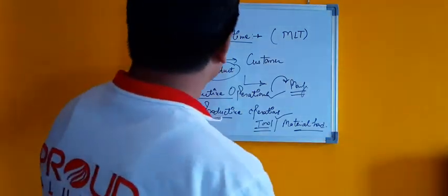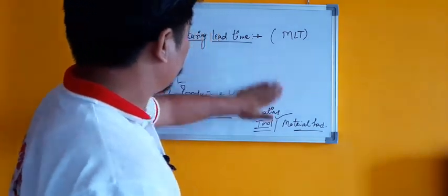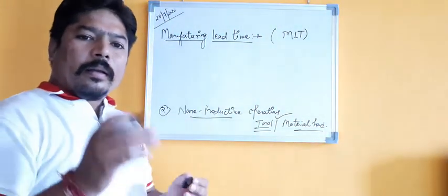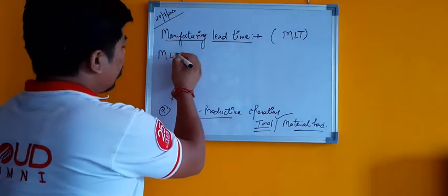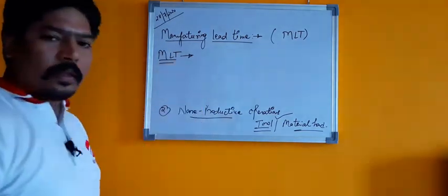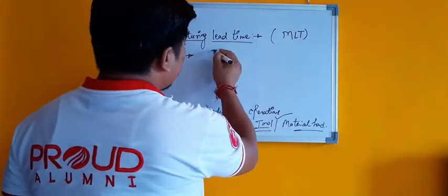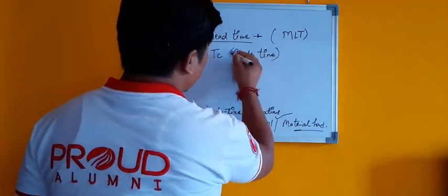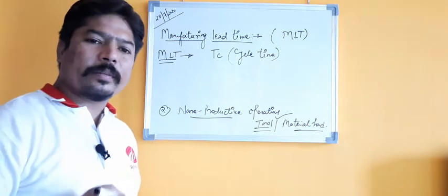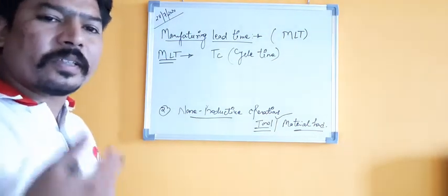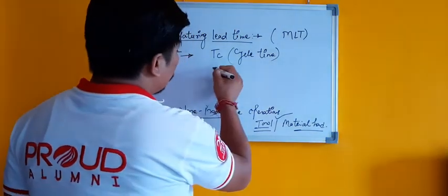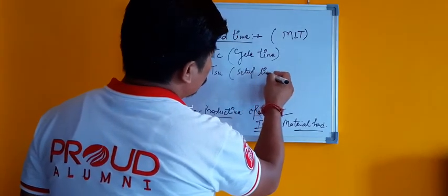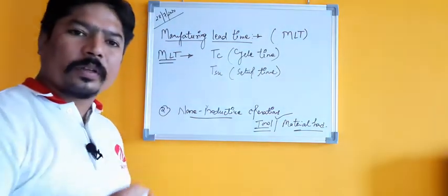Let us say, for example, the manufacturing lead time of any factory, MLT, is highly dependent upon the total cycle time, which is denoted by TC, the cycle time in any cycle or manufacturing setup. Now TSU will be the setup time.